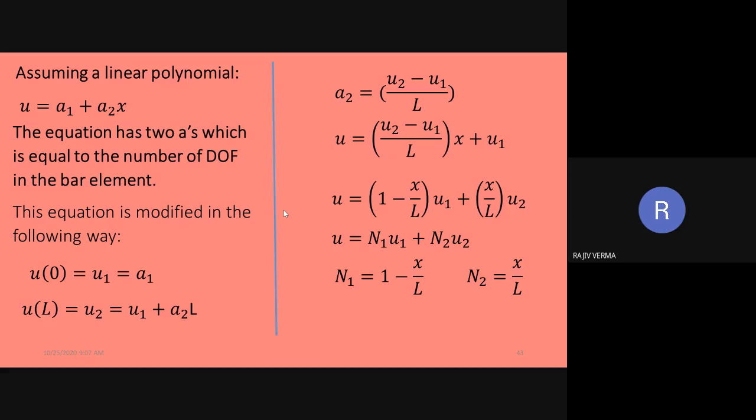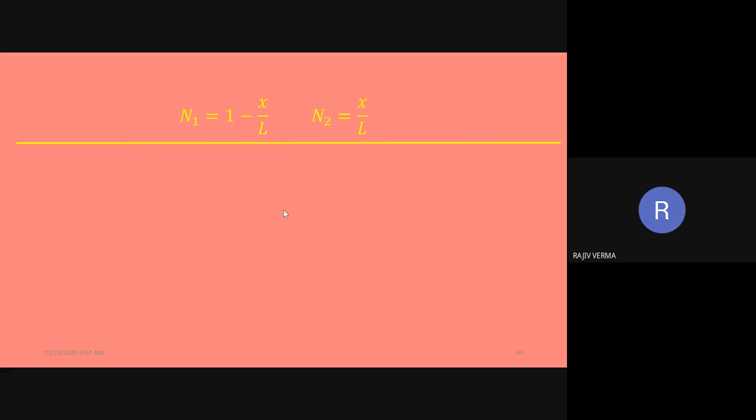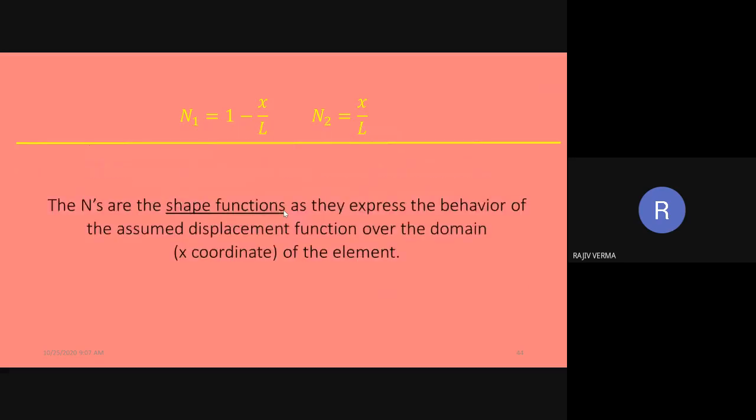The n1 and n2 are known as shape functions. They are also known as interpolation functions. This is because they express the behavior of the assumed displacement function over the domain of the element.